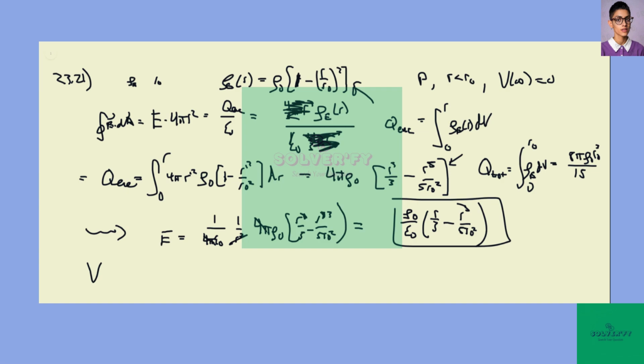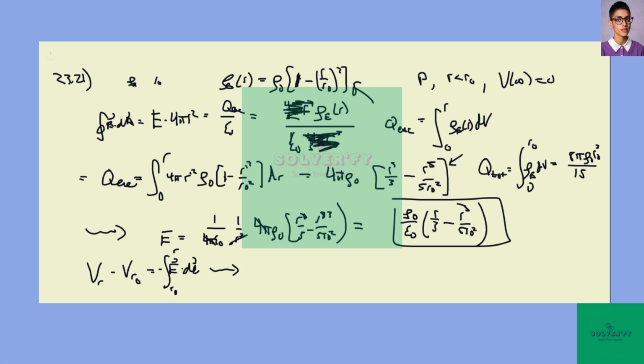So now if we're trying to figure out the potential at r, we can subtract off the potential at r naught, and see that this is the same as the negative integral of E dot dl from r naught to r. Okay, so why don't we do this integral?